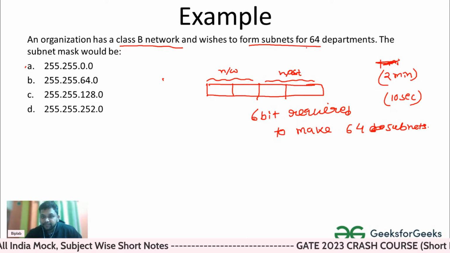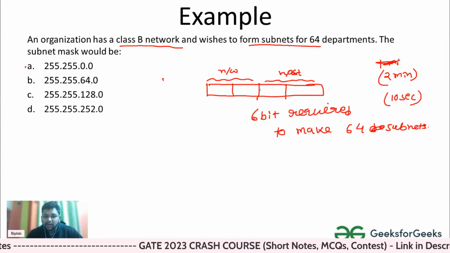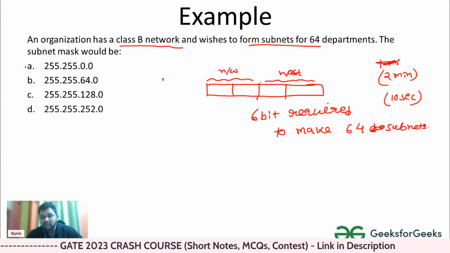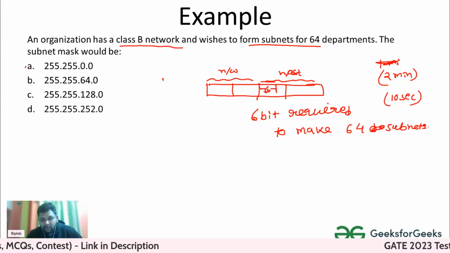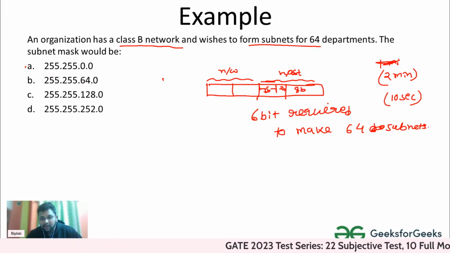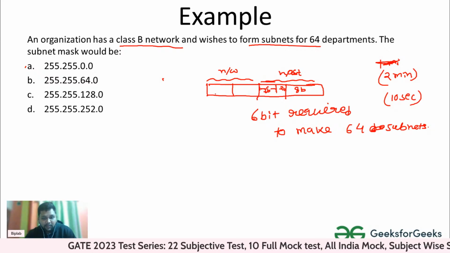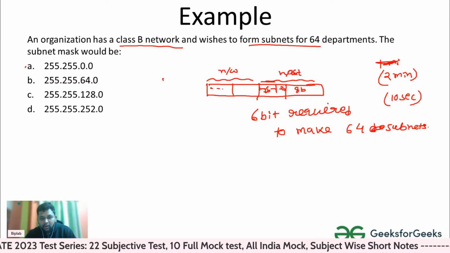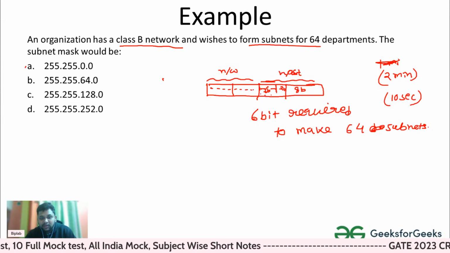From where will you take these 6 bits? Not from network ID; we take these 6 bits from host ID. So I will ask host ID to give me 6 bits. Host ID here had 8 bits in the third octet and 8 bits in the last. When you calculate the subnet mask, you will put all ones in the network part and all ones in these 6 subnet bits.